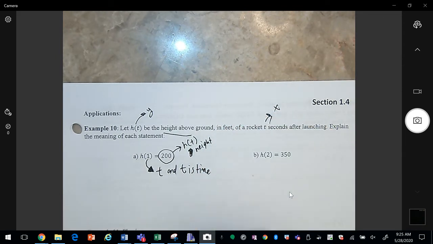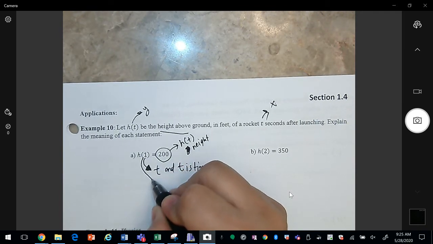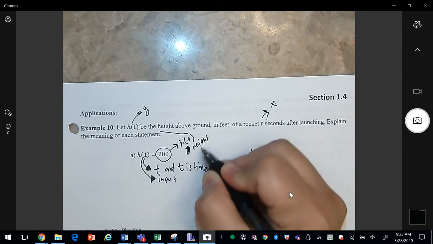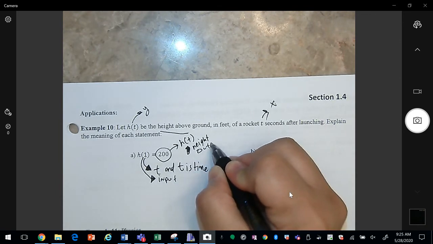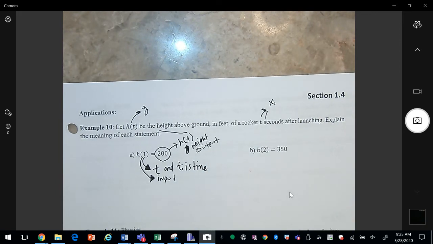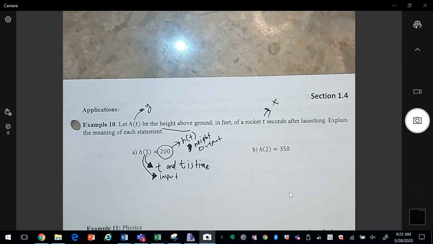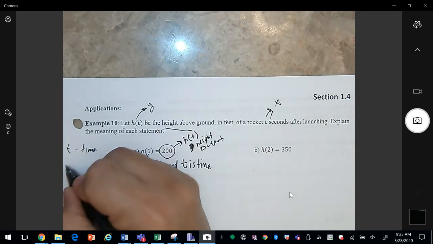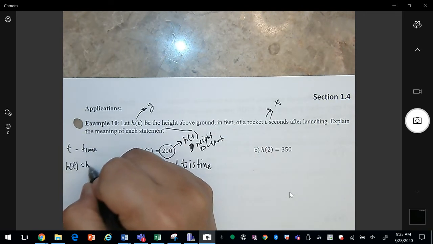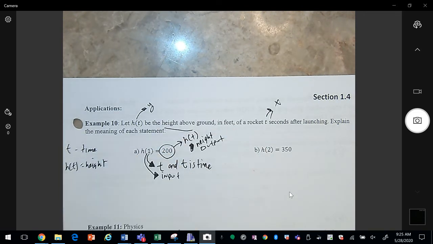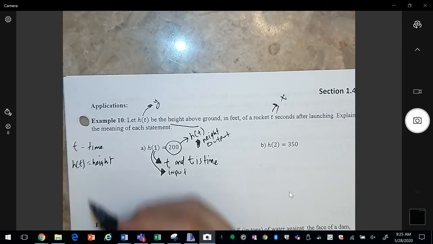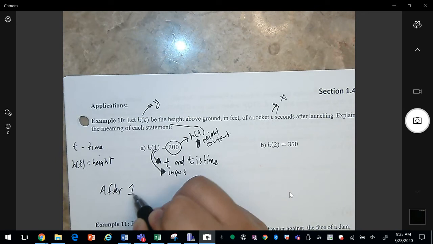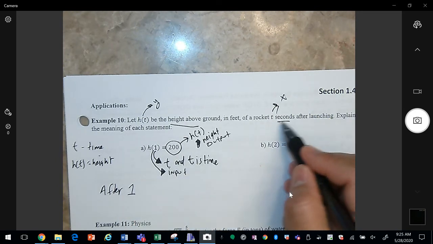Okay. So in other words, another way you can see this is that this is your input, and then this is your output. Okay. So t is time, h of t is height. So we can write a sentence. So what this means is after 1, since it's time, they tell us time is in seconds.